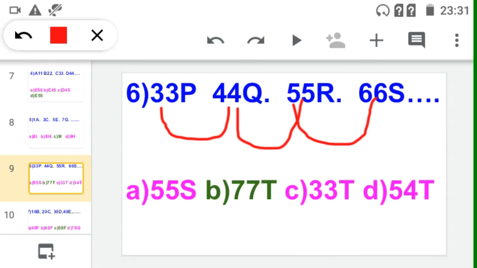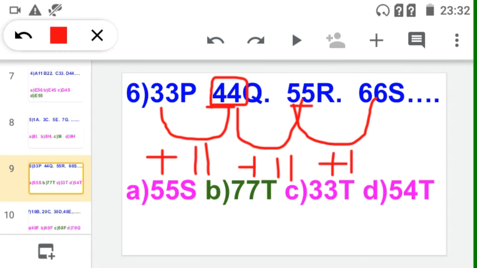So have you observed, student, that the number is increasing by which number? First and second number, so it is increasing by 11. If you add 11 to 33, you will get 44 in the second term. Correct. If you add 11 to 44, you will get 55.